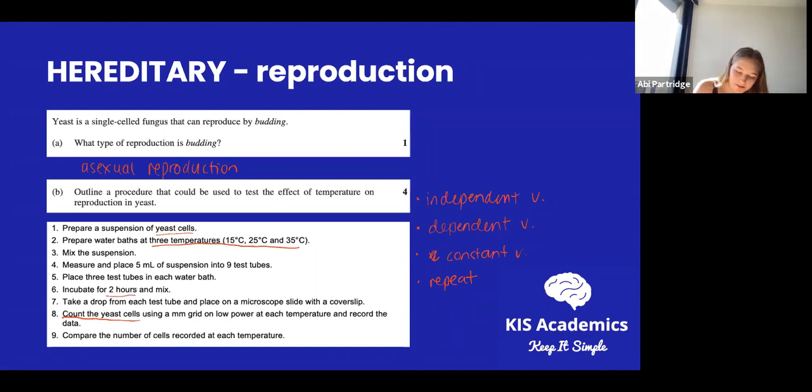So you've got 2 hours for all of them, and your quantity is always the same as well. For repetition, you've got 9 test tubes and you're putting 3 in each. So each of the different temperatures is going to have 3 samples, which means you're repeating it for each temperature. And so that is also taken care of. So that's how you'd answer that type of question.